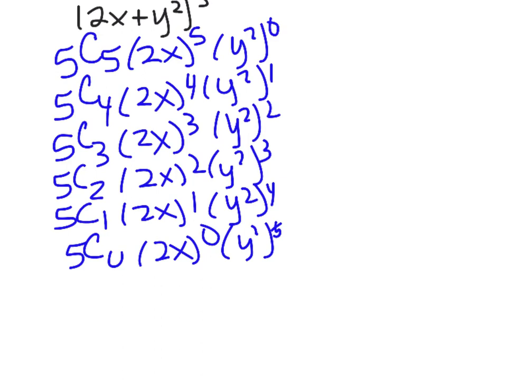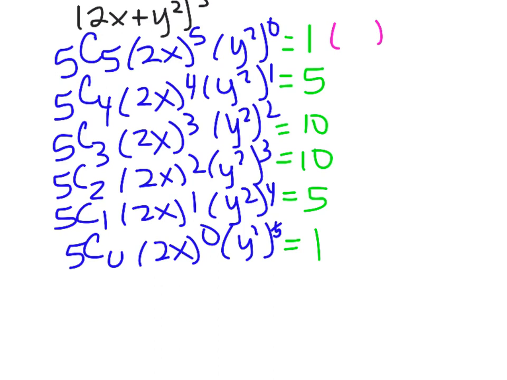Alright, so now let's plug it in. 5C5 is 1, 5C4 is 5, 5C3 is 10, 5C2 is 10, 5C1 is 5, and 5C0 is 1. Alright, and then we have 2x to the 5th. Make sure you raise the whole thing to the 5th power.